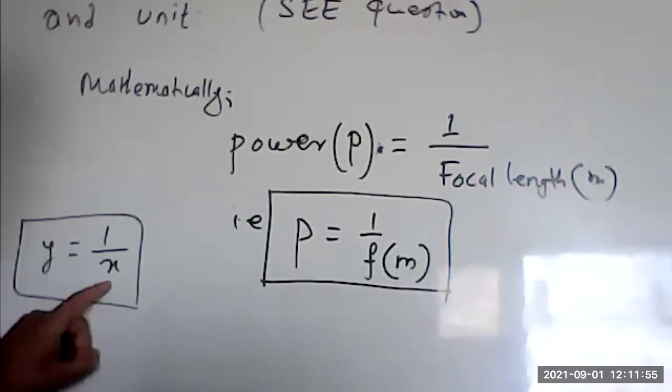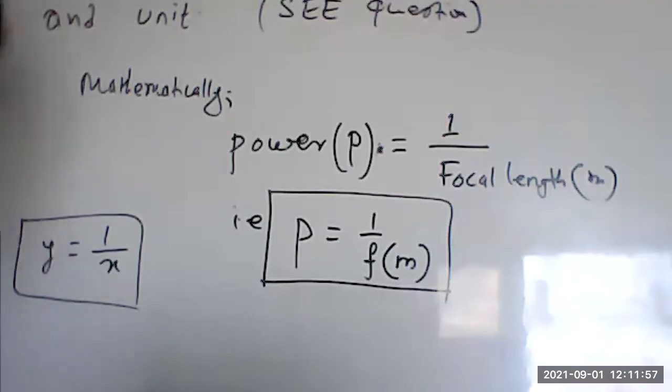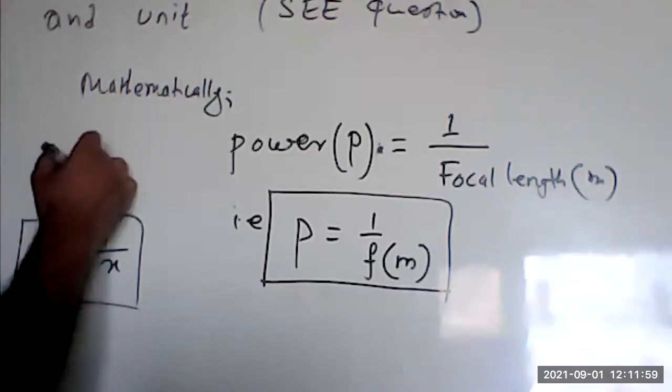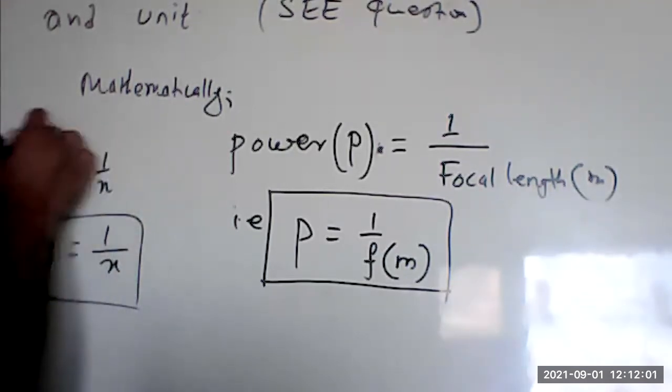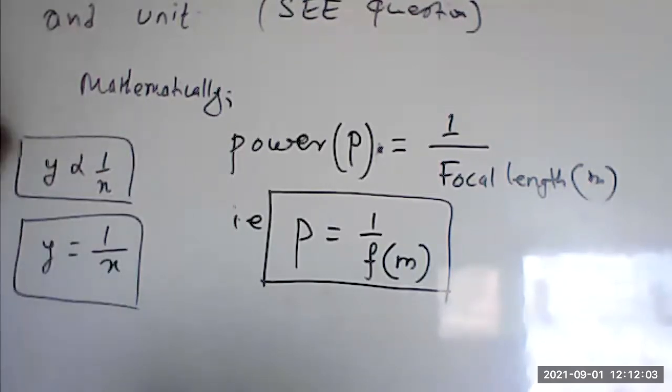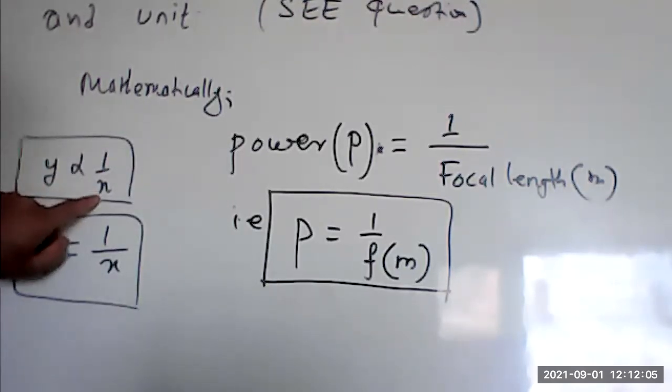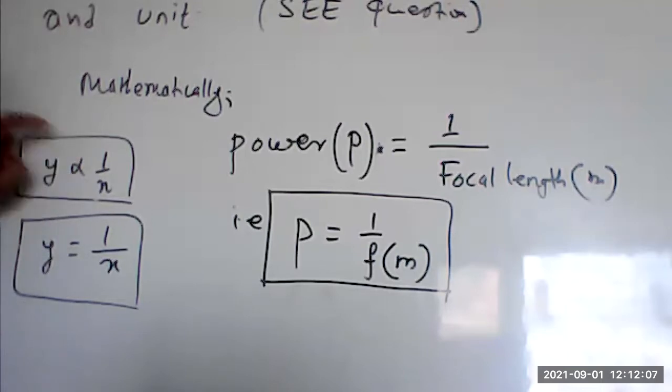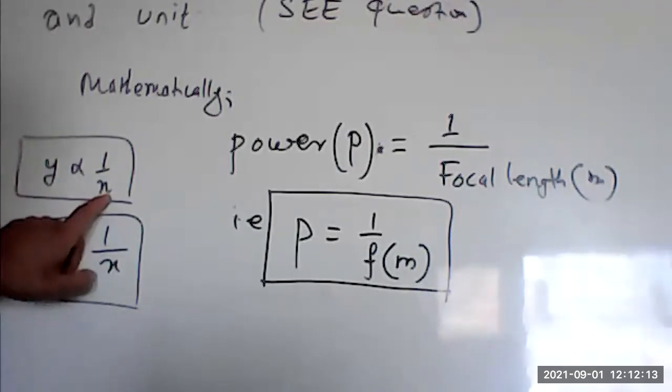What is the difference here? Look here, y proportional to 1 by x. What is the difference with this? y is inversely proportional to x. If there is the sign of proportionality instead of equals to, then y is inversely proportional to x.